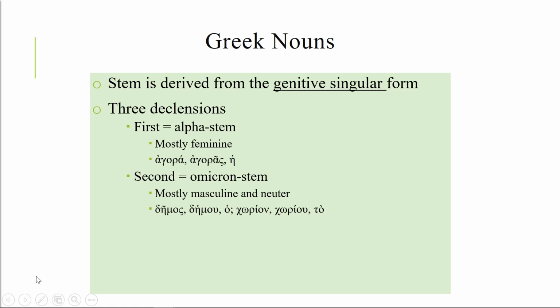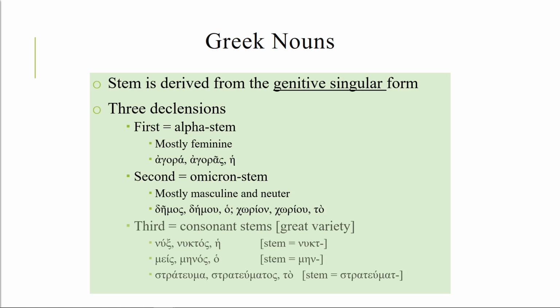And notice that in the dictionary entry, you'll see the article next to it, or they'll give you some indication of the gender. Horion meaning the region or area. We get chorus is related to this. The third declension varies a lot, and that's why you need to have the genitive form to figure out what's going on, because nux becomes nuktos in the genitive, and that tells us the stem actually has a kappa tau in it.